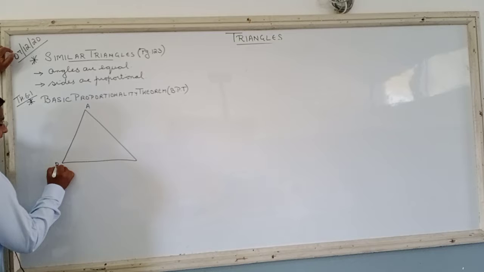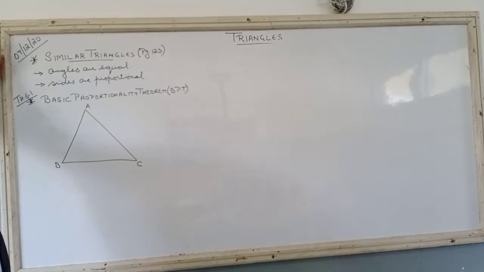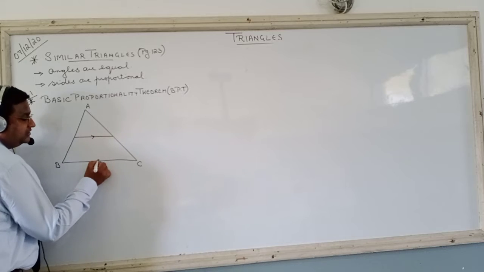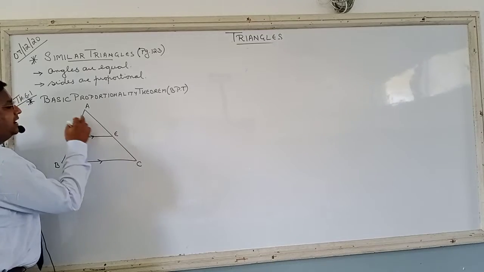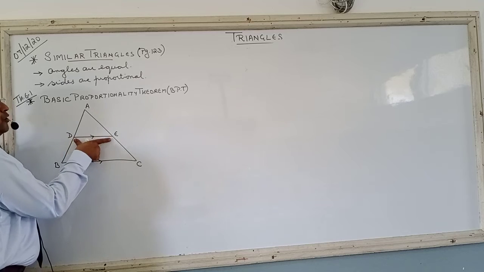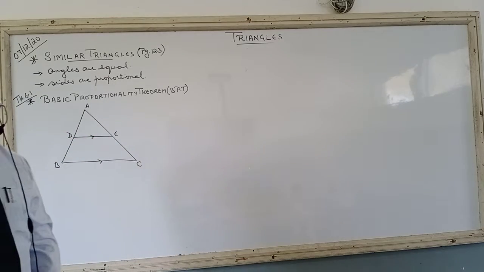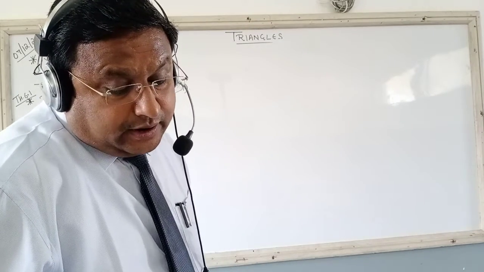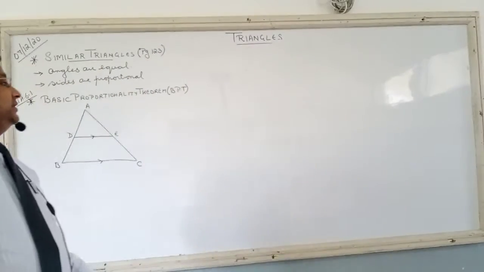In triangle ABC, right? I am reading the statement from your textbook. If a line is drawn parallel to one side of a triangle, say this line DE is parallel to the side BC, to intersect the other two sides at two distinct points, the other two sides are divided in the same ratio.